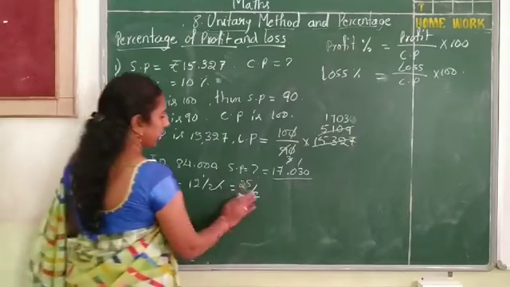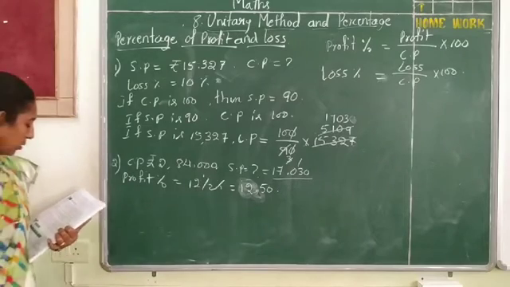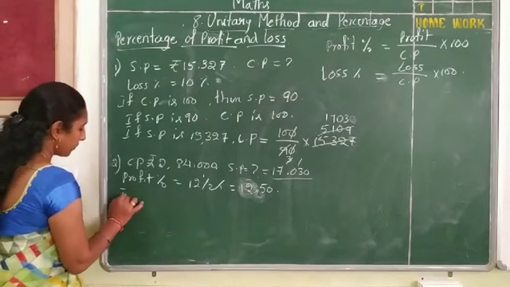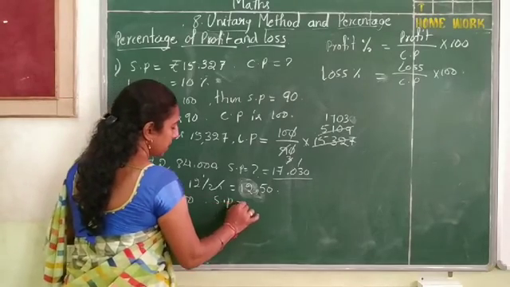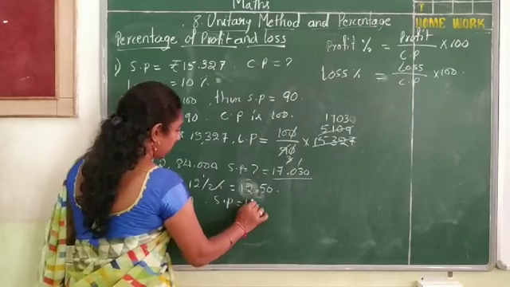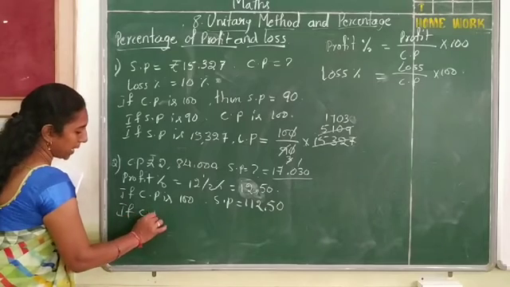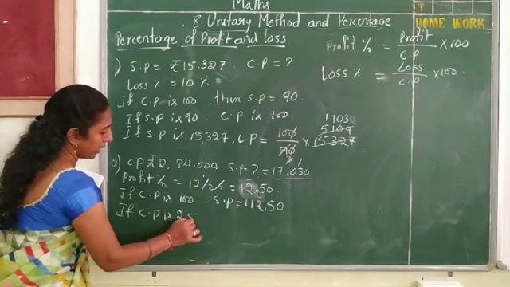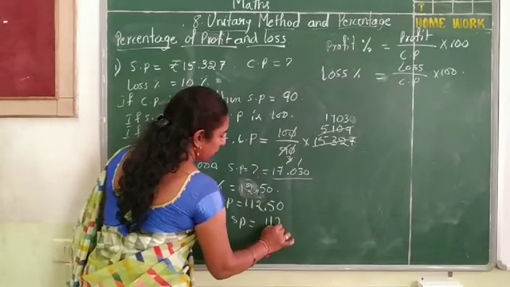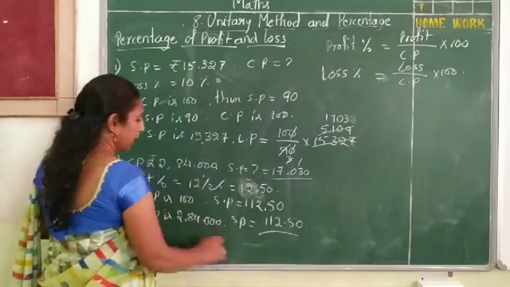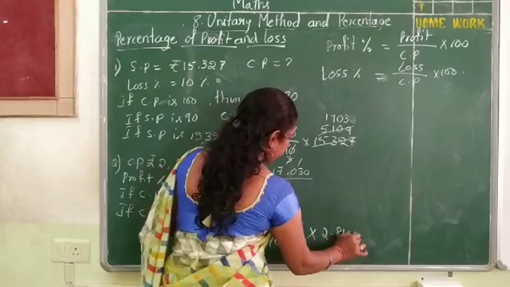Now, if the cost price is 100, then the selling price, adding this profit, is 112 rupees 50 paise. If the cost price is 2,84,000, then the selling price is 112.5 divided by 100 into 2,84,000.